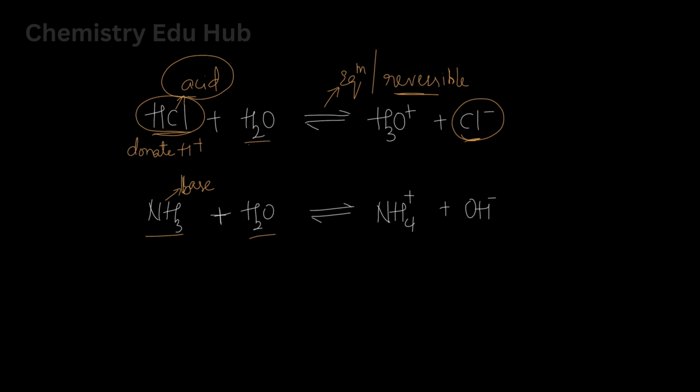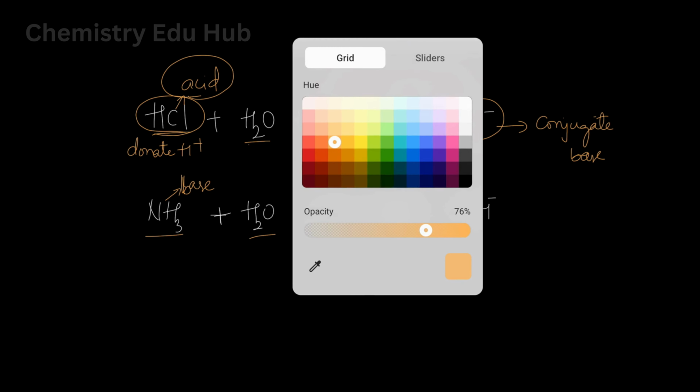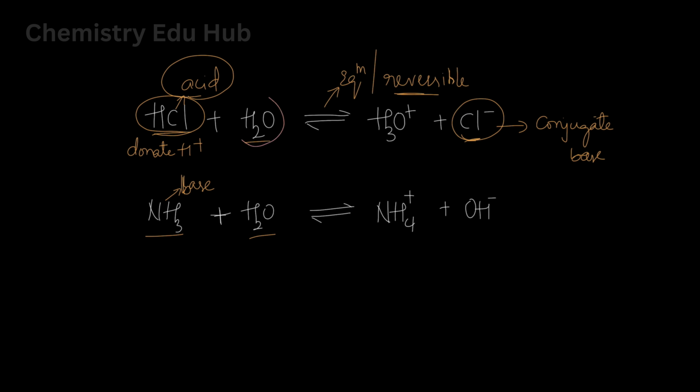Since this is an acid, it is turning into its conjugate base, or you can say a base obtained from the acid. Similarly, water is accepting a proton from HCl. That means it is a proton acceptor, and it is turning into H3O plus. Since it is accepting a proton, it acts as a base, and this is an acid.